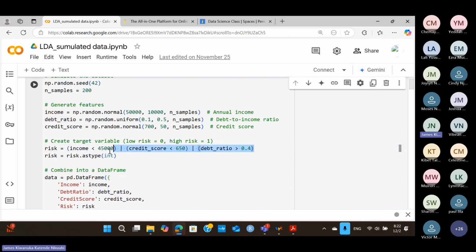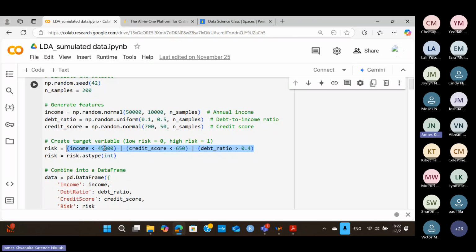So what this will do is create a vector of the same length as these variables, and where any one of these conditions is satisfied, it will classify that as a high risk client. It will give them the value true, and all the others that are given false will be considered low risk customers.